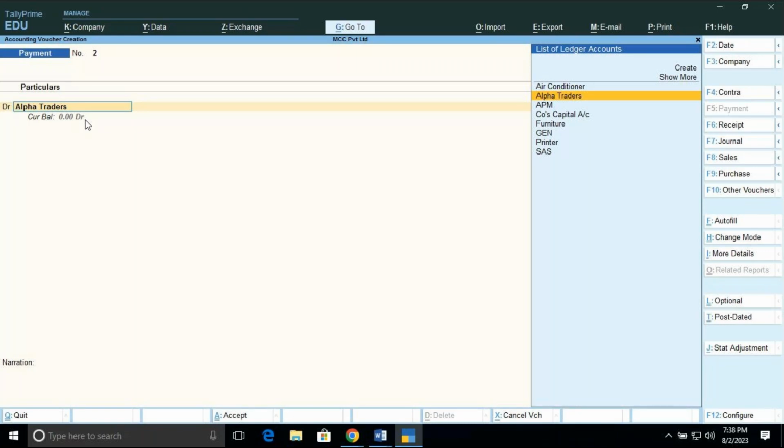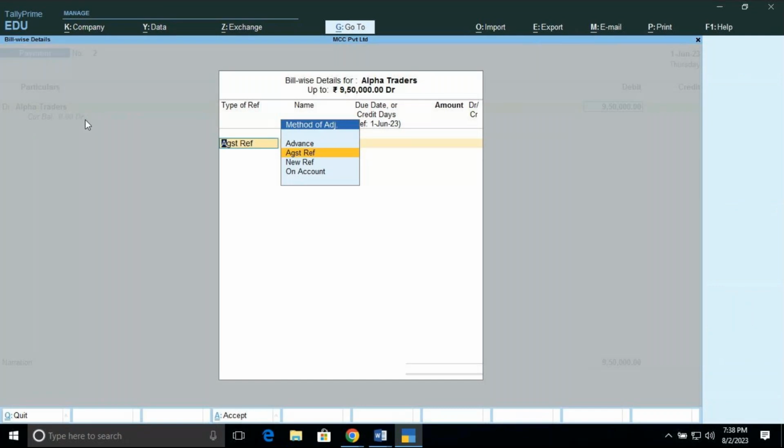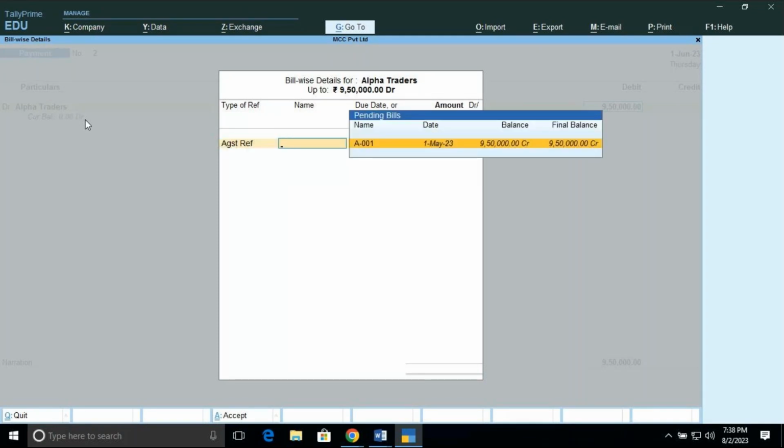See, there's the next level of interpretation. I did not select against reference, but it itself took against reference. See, the cursor stood there. Understanding, all of you? Now, if I say enter, it will list the pending bills. Let us say I made purchases on 4 or 5 occasions.